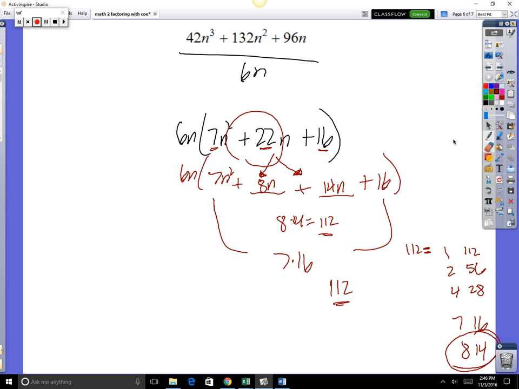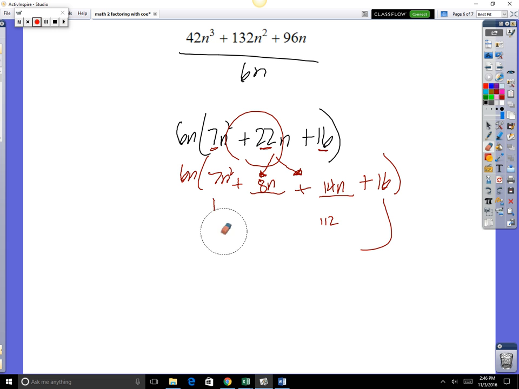So that's it. That one was a little tedious because you had to list your own factors, but it's doable. So here we go. 4 terms, now use grouping. 7n squared and 8n, divide both by n, so it's going to be n times 7n plus 8. And group 2, what do they have in common?